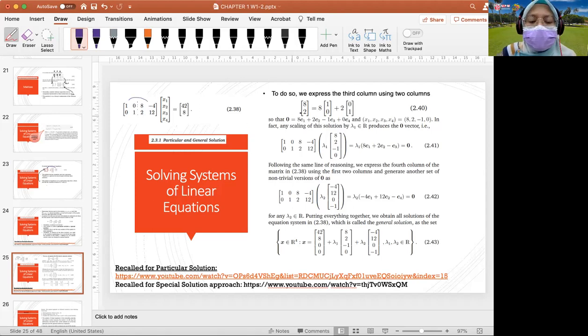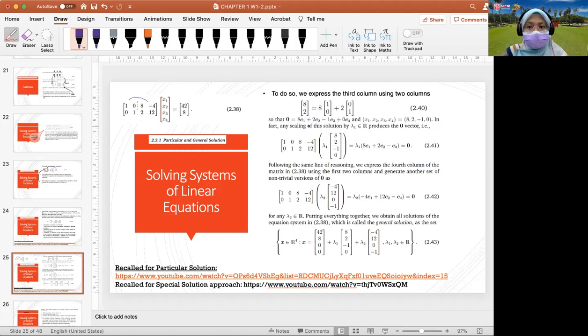Here we have 8, 2, which is the third column from the matrix A. How do we present 8, 2 in the form of the first and second columns? We extract the 8 and multiply it with 1 0, which is the first column, plus the 2 multiplied with the second column.